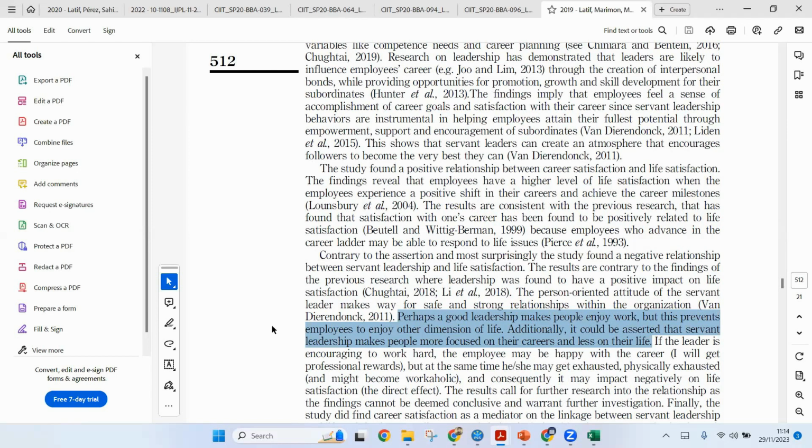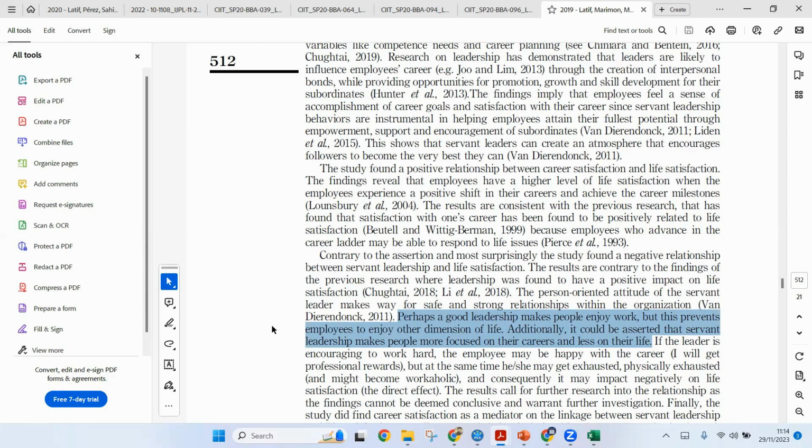The litmus test is that if you read a sentence somewhere, you know where this sentence will go in your own research paper, whether it will go in the introduction, the literature, the methodology, or the discussion.